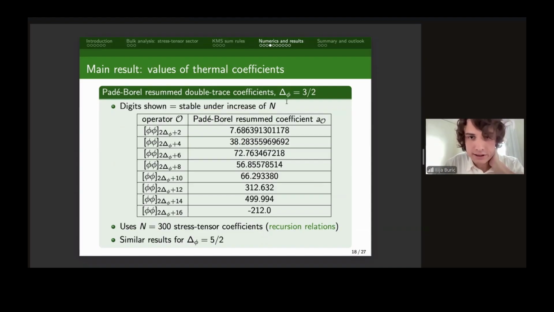Here delta phi is 3/2, and the number of digits kept is the number of stable digits under increasing N. That's the meaning of how many digits we keep. And I should say we use 300 stress tensors. The input of this procedure is the stress tensor OPE coefficients, and we use 300 of them for this table. There are similar results for 5/2.